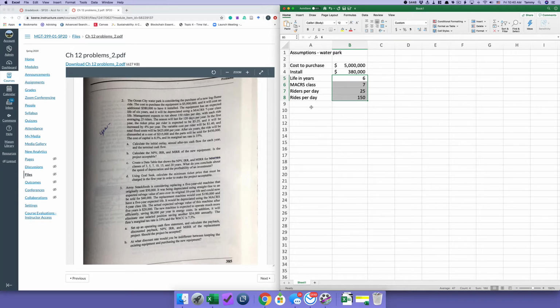And let's see, the season will be 120 days a year. And that is also not a dollar sign. Now, ticket price is $5.25.